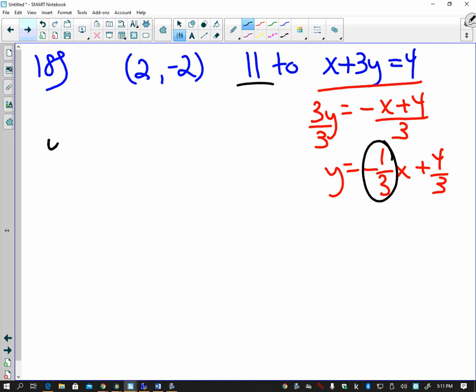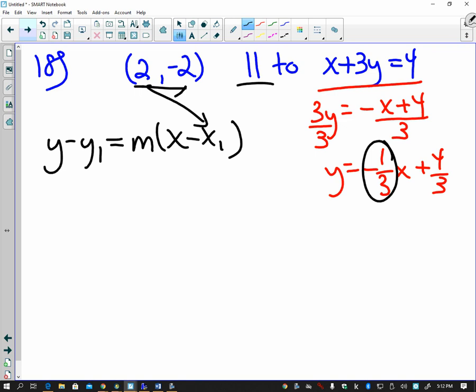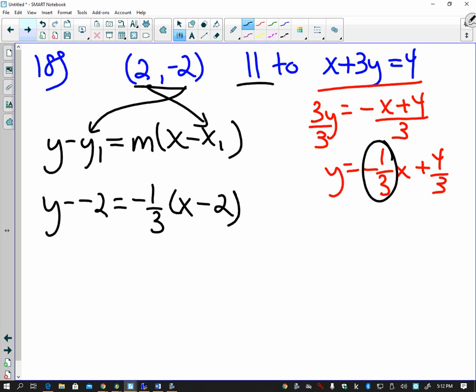So we're going to use our y minus y1 equals m times x minus x1. We're going to use these coordinates for x and y, and then plug in our -1/3. So y minus -2 equals -1/3 times x minus 2.